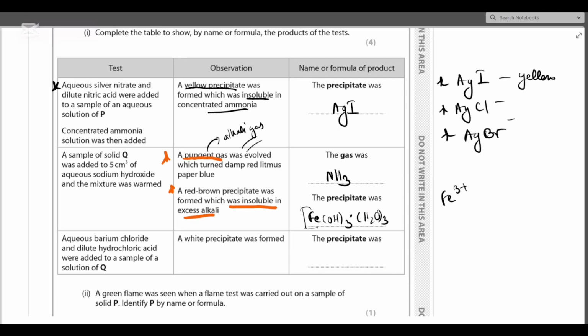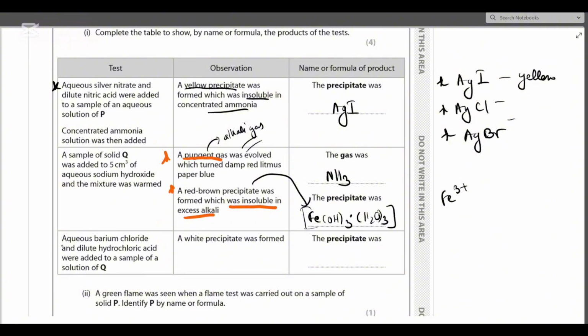That is the complex compound of iron 3. This is the red-brown precipitate, which explains the color shown, and why it is insoluble in excess alkali.